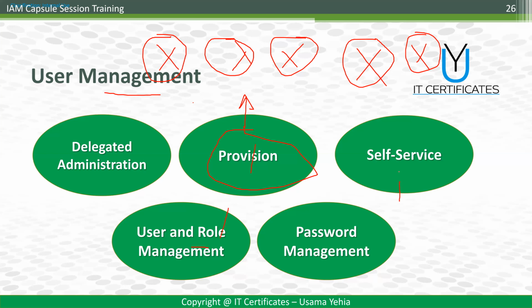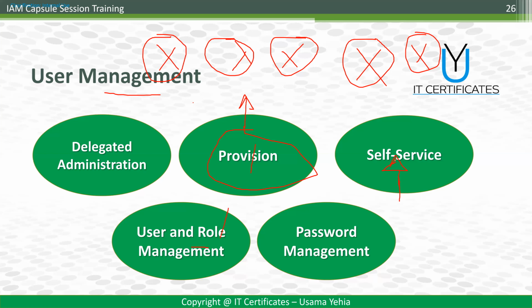Self-service: of course, not all services should be assigned to the user for self-service. Okay, to change his password, you have to assign that to him, and also to change his address and mobile number. But for example, he is not authorized to change his job title, because for the job title he will be assigned some roles and permissions.